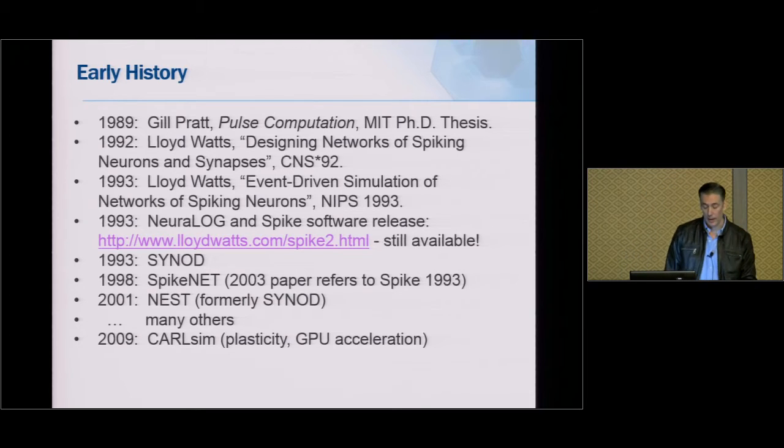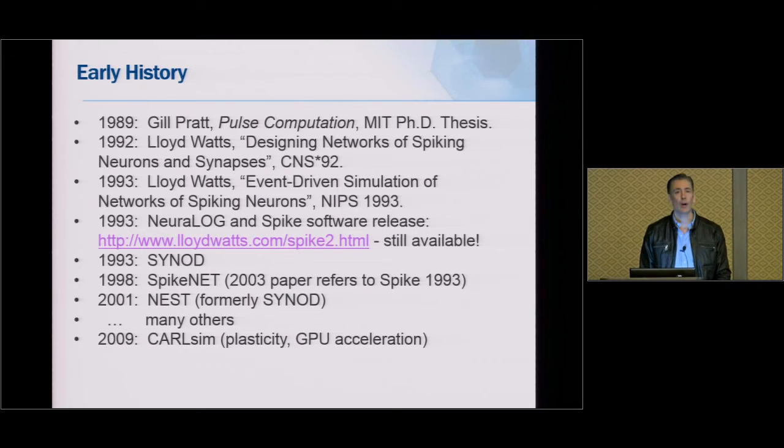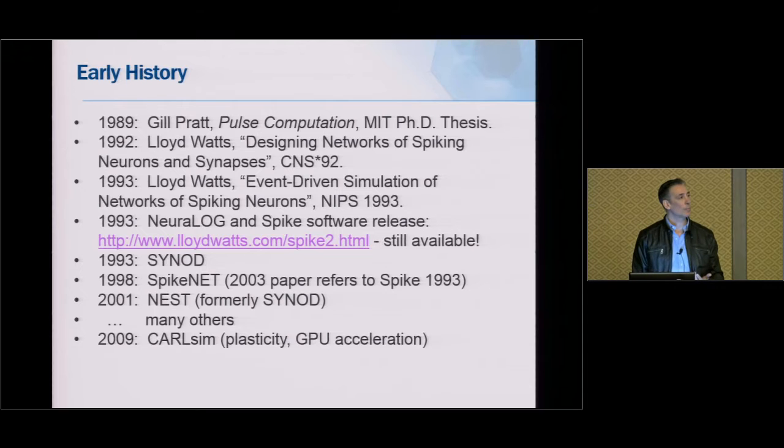Today's talk by Chris Carlson on CarlSim is the modern embodiment of that in its much more mature form, GPU enabled and so on. But you may not realize, as far as I know, the first event-driven simulation of spiking neural networks was done by Gil Pratt in his PhD thesis, Pulse Computation at MIT.